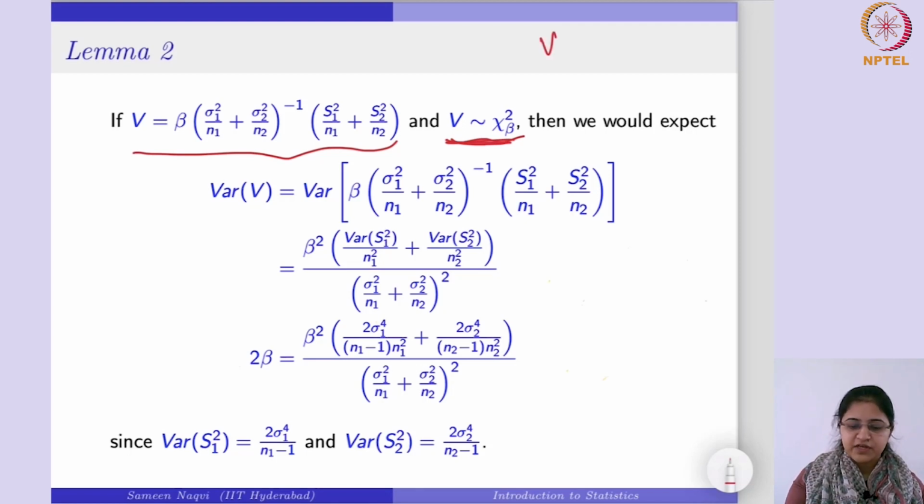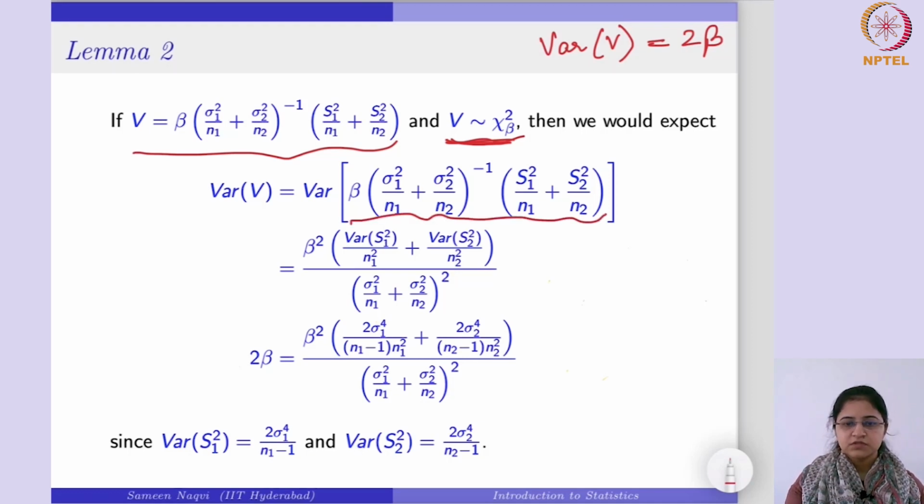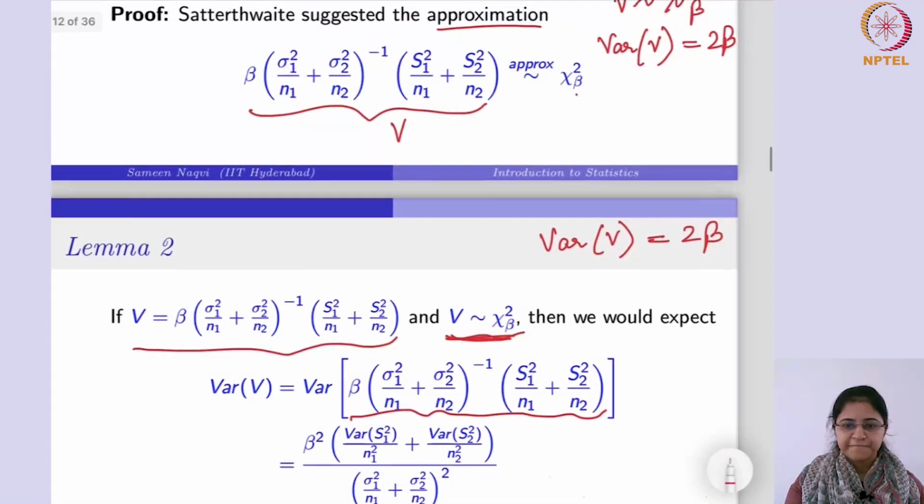So basically we are trying to prove variance of v is twice beta. Now before finding out variance of v, you can see from these steps that instead of v, you can just substitute this value, that is beta times this thing over here. This is what we have defined as v just now.